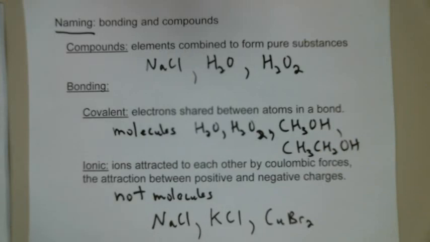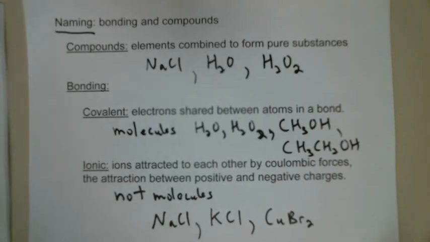Actually, there's a better way to predict whether a substance is going to have ionic bonding or covalent bonding. It's much, much simpler, right? Because we don't have a table of electronegativities in front of us. And it actually works at least as good as the electronegativity method.